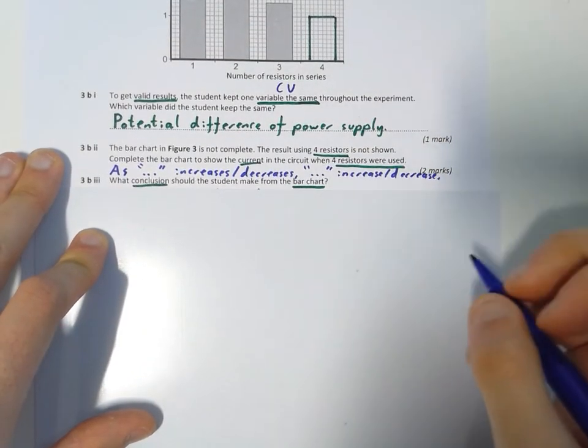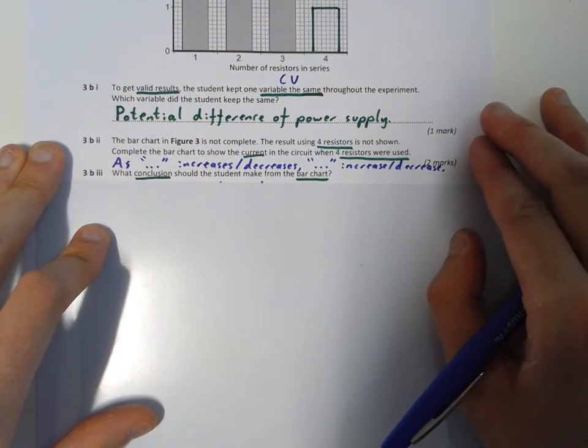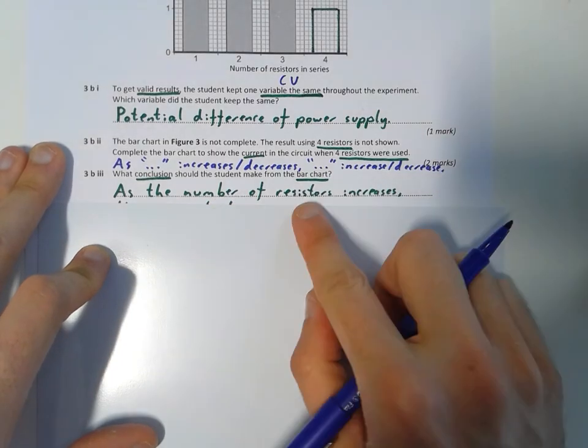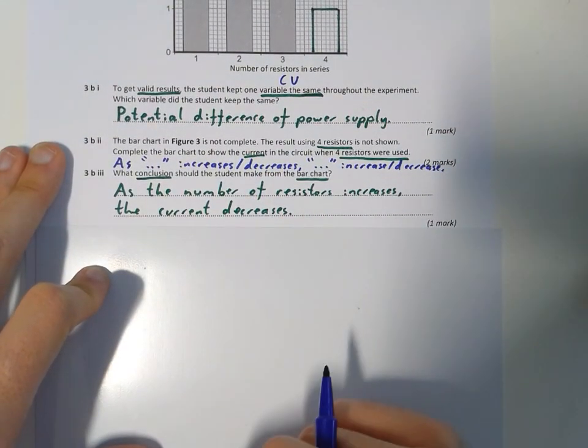That's a sentence I'm going to use whenever I want to write a conclusion from some sort of graph, from some sort of data. So here, as the number of resistors increases, the current decreases for 1 mark.